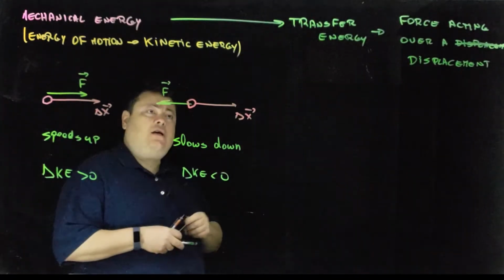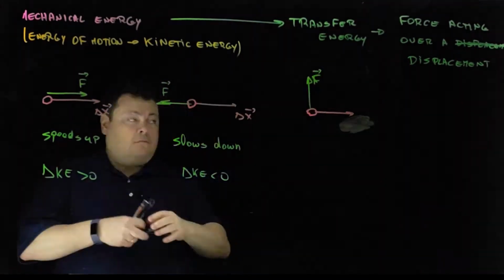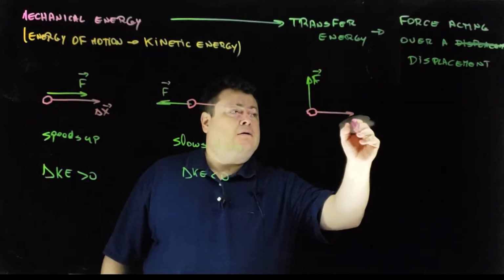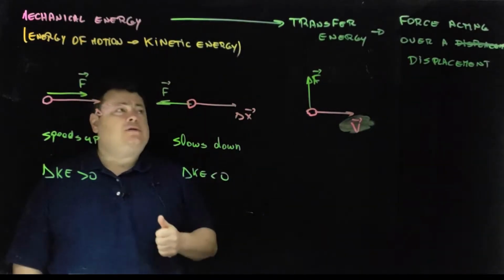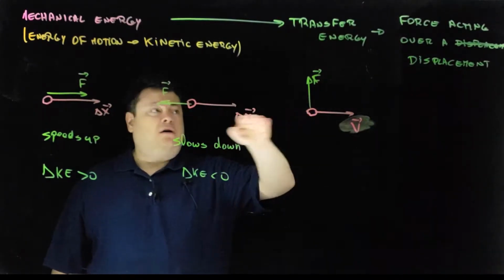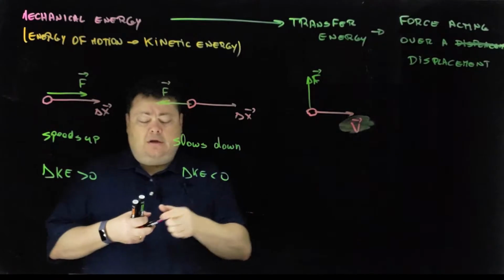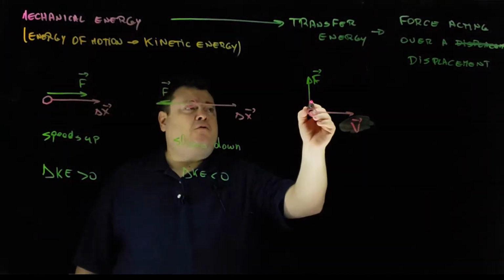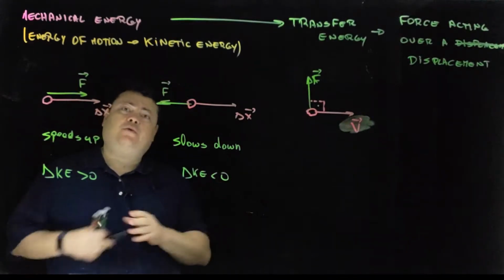Let's consider a third situation. Something more like this. The situation could be, for example, a block sitting on the floor, and I'm making it move sideways, and this force would be, for example, the normal force. But anyway, it is a force that is at 90 degrees with the displacement.